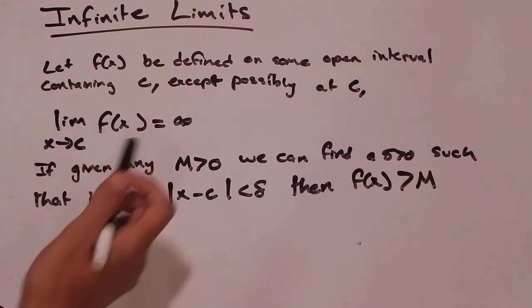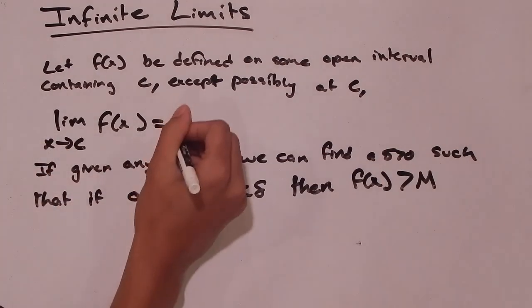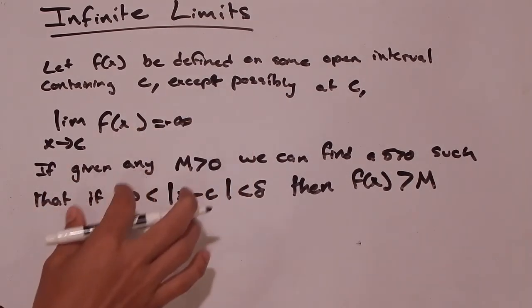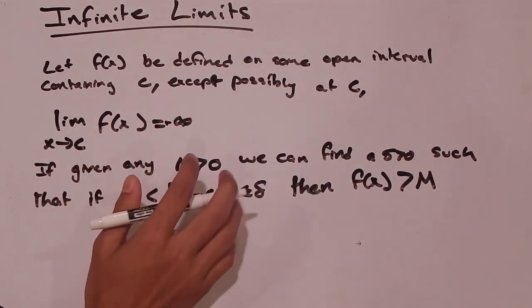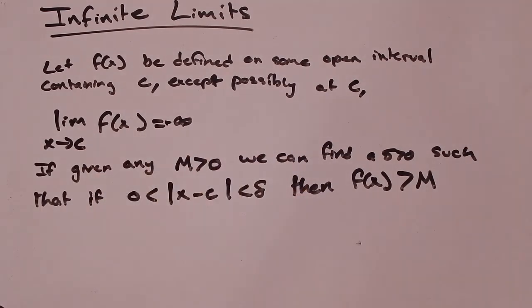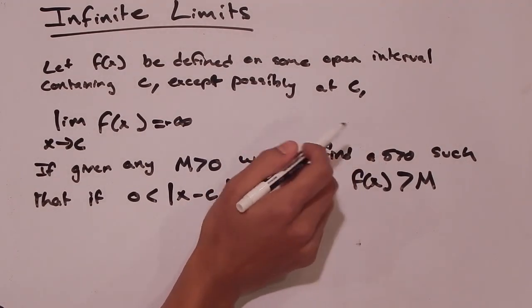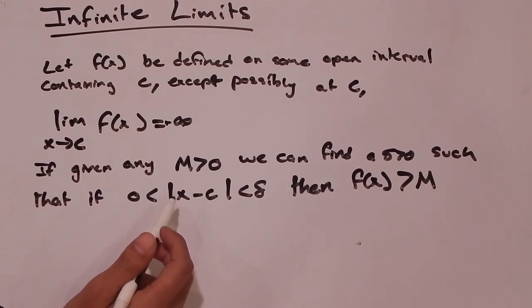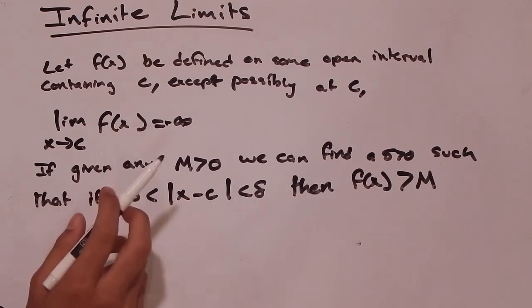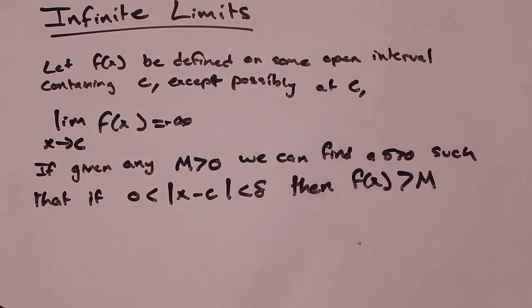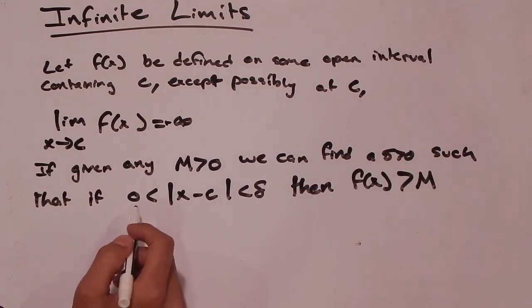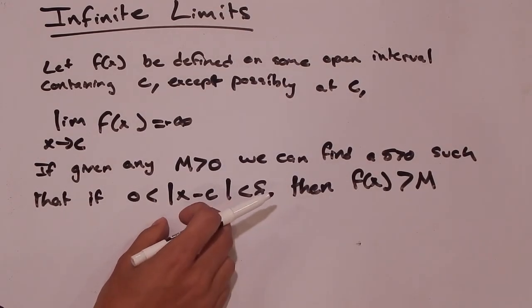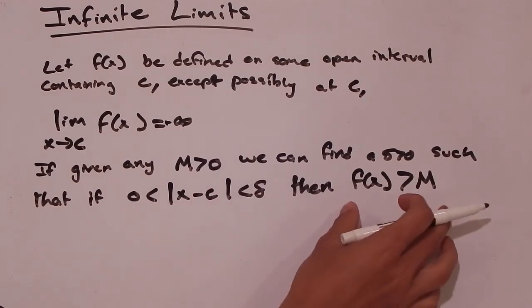The limit as x approaches c of f of x is equal to infinity, so this is our positive infinity, if given any M greater than 0, so essentially for any capital M value greater than 0, and that is an arbitrary number, just like epsilon, we can find a delta greater than 0 such that if 0 is less than the absolute value of x minus c is less than delta, then f of x will be greater than M. Now, what does that tell us?